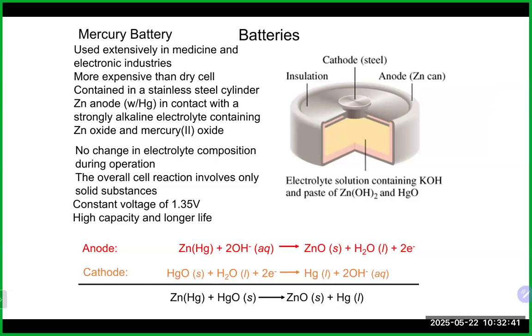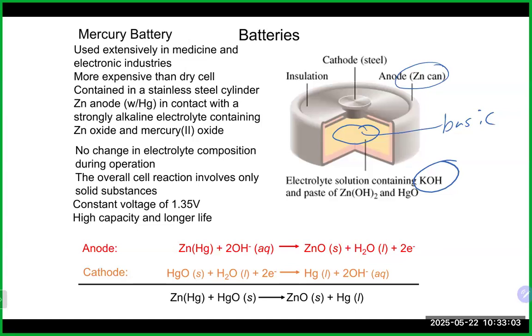They're used a lot in medicine, electronic devices. They're more expensive. They have a zinc anode as well as our can here. And again, it is in a strongly alkaline electrolyte. So alkaline means basic, right? So something like potassium hydroxide is used.